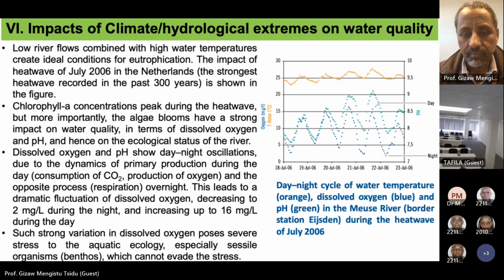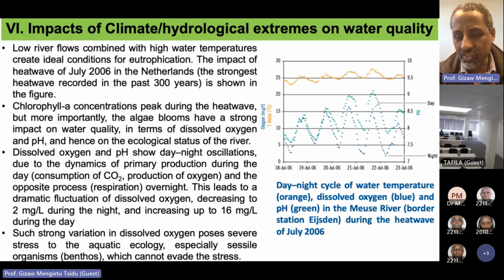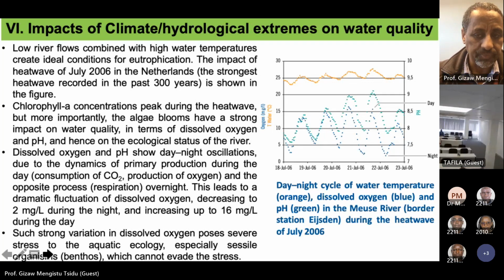The population pyramid is reversed in the other regions. So this heat wave affected a lot during that period, and not only killed people, but it also affected the water quality in the region.